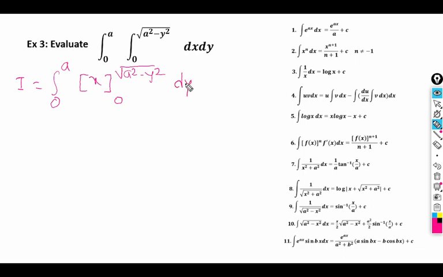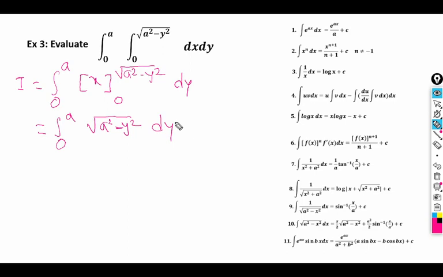That is the inner integral, one of the simplest integrals. When we put the limits, it gives root of a square minus y square. For the lower limit, when we replace x by 0, it is 0 only, so it is dy.